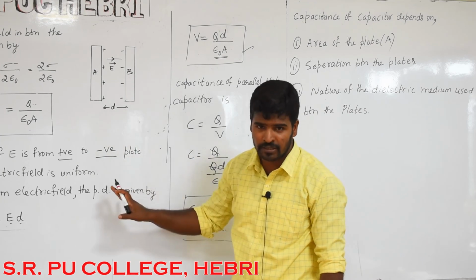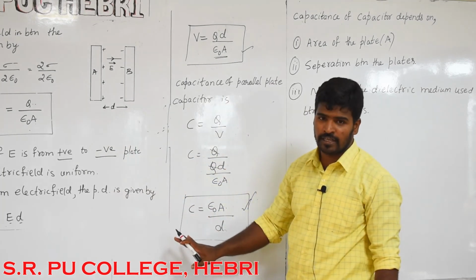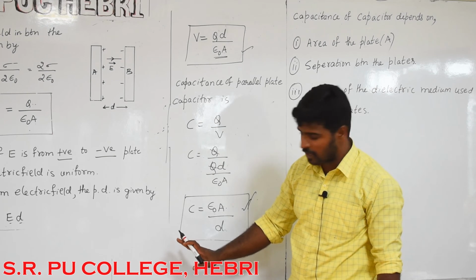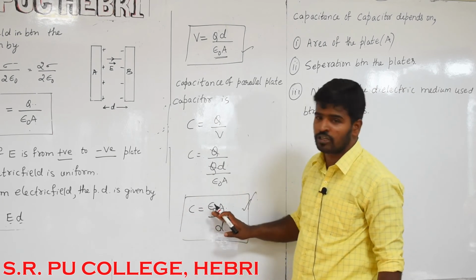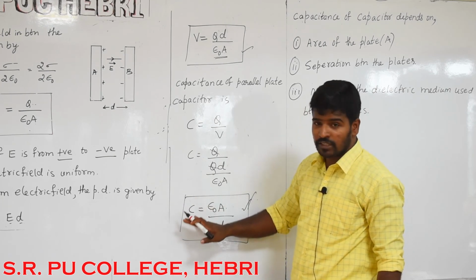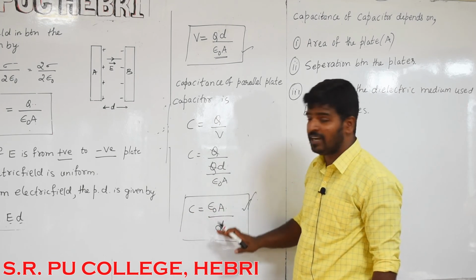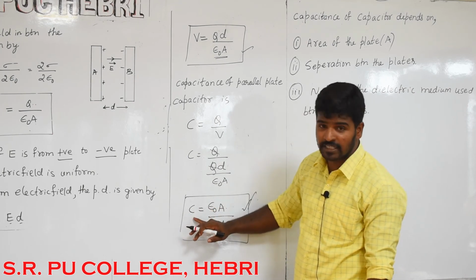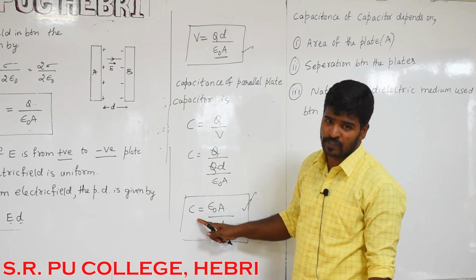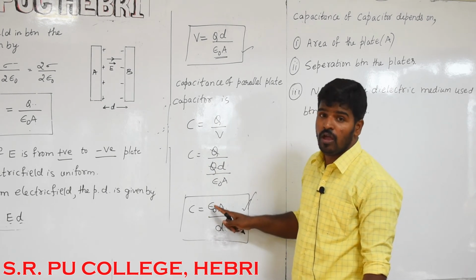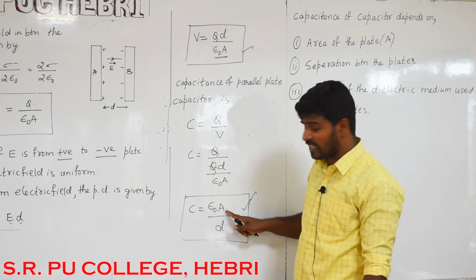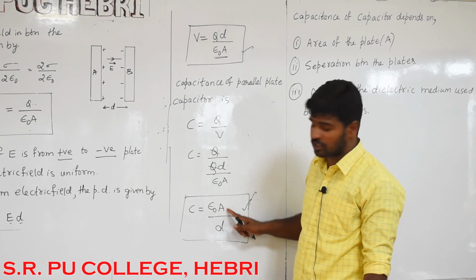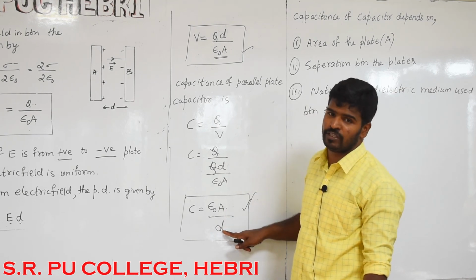You need not prove the equation, just write the expression; they did not ask to arrive at or derive it. Just write this last equation: C is equal to epsilon naught times A divided by D. Explain the terms, where C is the capacitance of the capacitor, epsilon naught is the permittivity of free space, A is the area of each plate, D is the distance between the two plates.